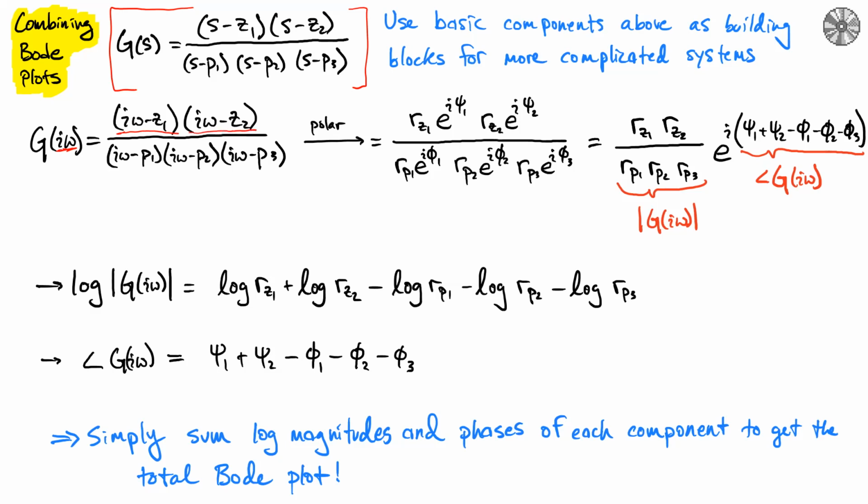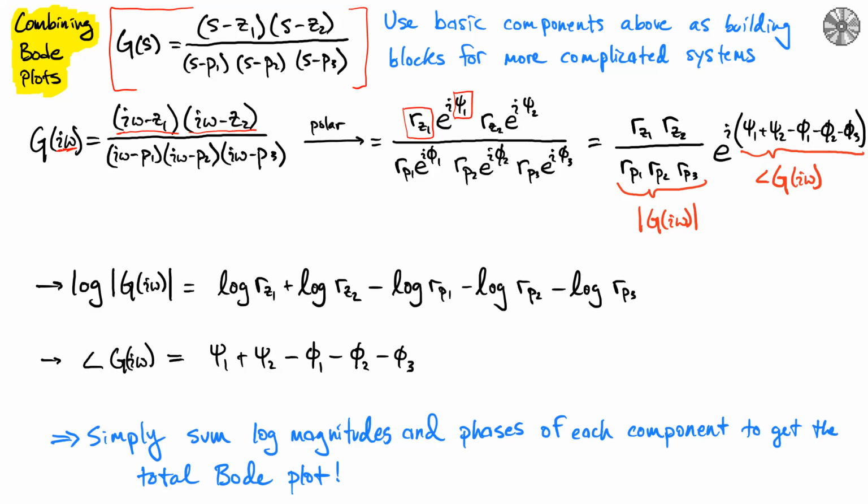And each of these parenthetical expressions will result in, in general, a complex number, because we have this i omega, and then we have z1, z2, p1, p2, and p3, which could be complex valued. And if we decide to convert each one of these into polar form, then each one of them has a magnitude and a phase. And we can do that for each of the 5 different elements. And if we had more elements, then we could continue doing this. And so each one gets a magnitude and a phase.